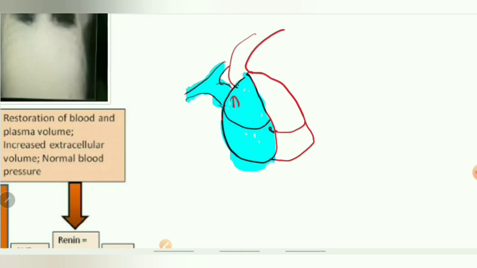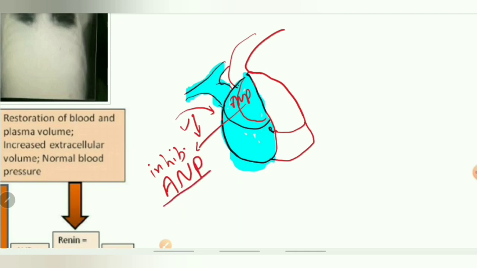The volume is going to be decreased, so the atrium will collapse, and this will inhibit the secretion of atrial natriuretic peptide. And from its name, it's natriuretic. It causes excretion of sodium.